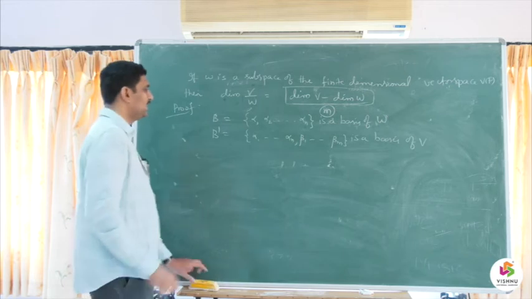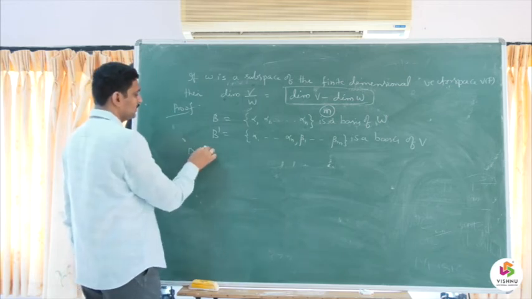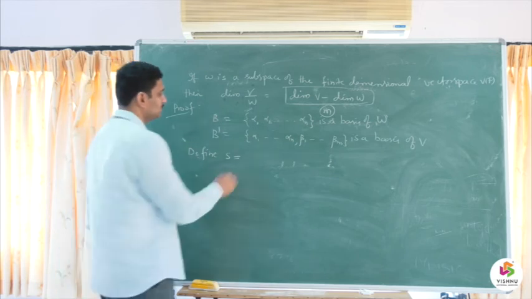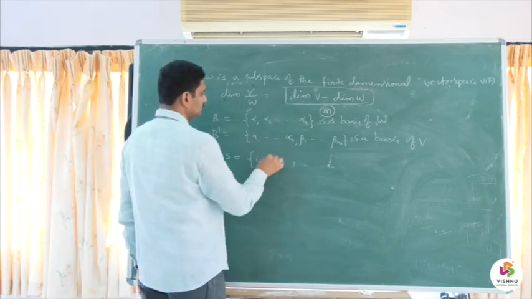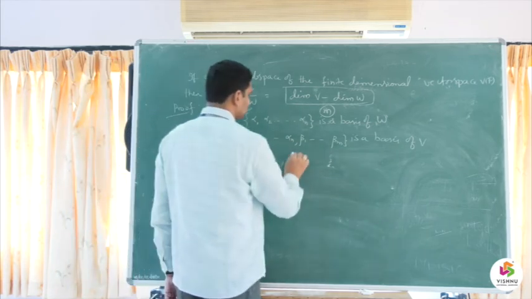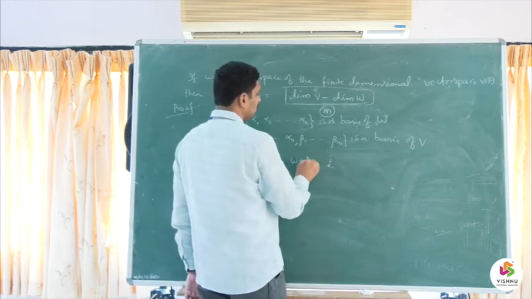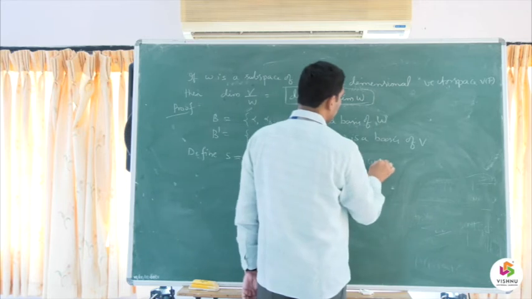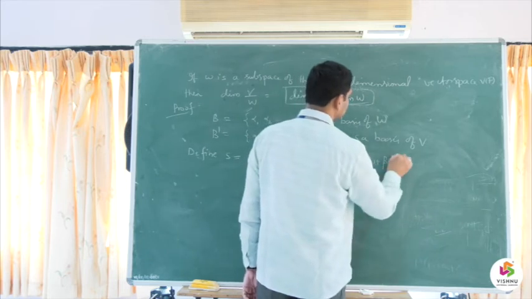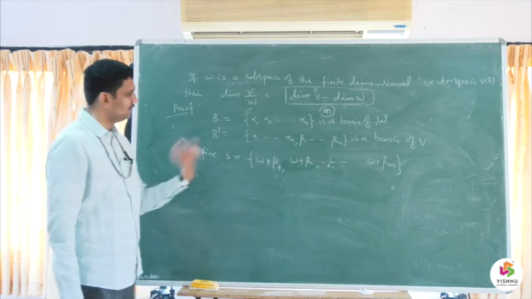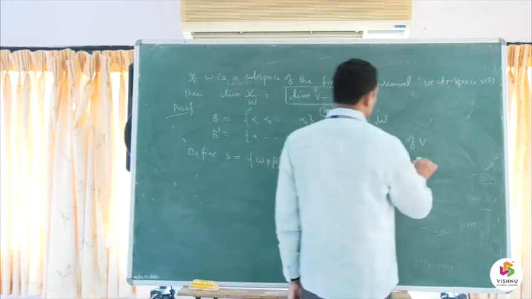Now, you define a set S equal to W plus beta 1, W plus beta 2, so on W plus beta m. So, this is the set of cosets you have taken. Clearly, it is a subset of V by W.